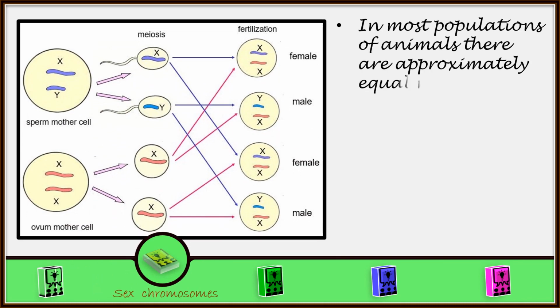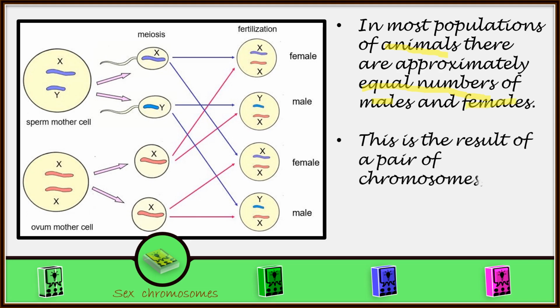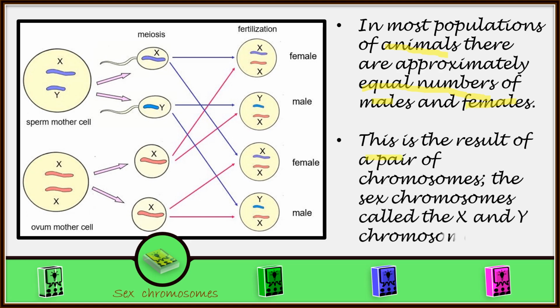In most populations of animals, there are approximately equal numbers of males and females. This is a result of a pair of chromosomes, the sex chromosomes, called X and Y chromosomes.